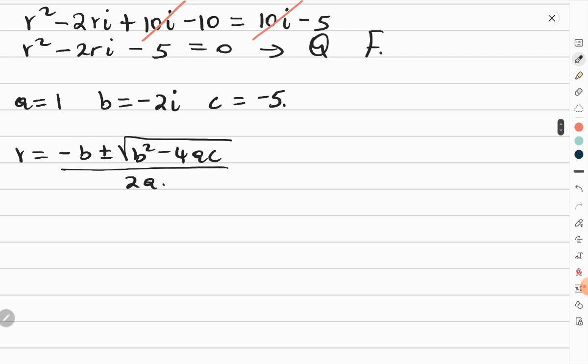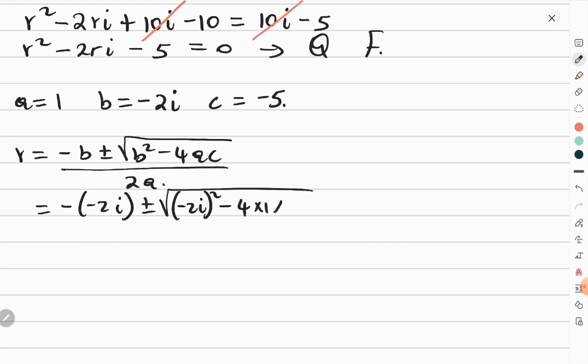Doing the substitution now, in the place of negative b we are going to put negative 2i, then plus or minus the square root of, in the place of b we put negative 2i, then we put the square there, then minus 4. Our a is 1, our c is minus 5, all divided by 2 times 1.